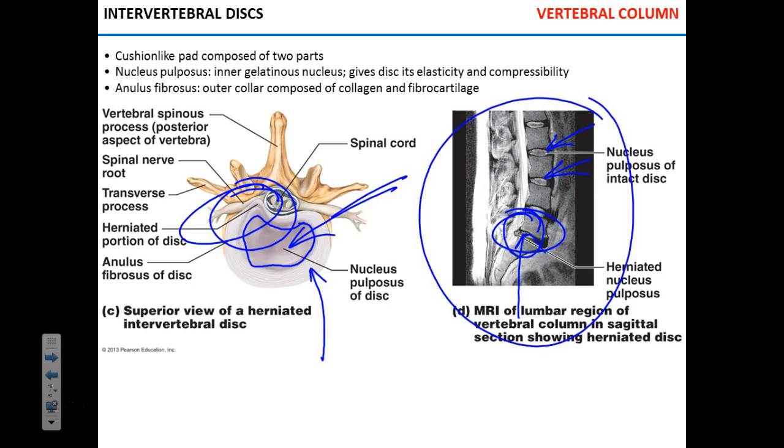You can see the normal discs, and there is an intervertebral disc between the lumbar vertebrae 3 and lumbar vertebrae 4. It is shown as this red protrusion. That's the hernia. Does that make sense?